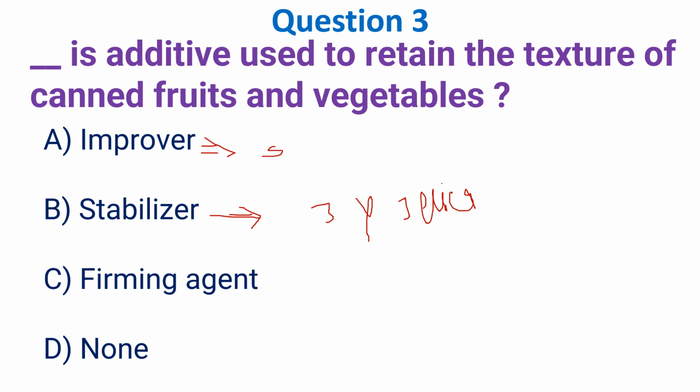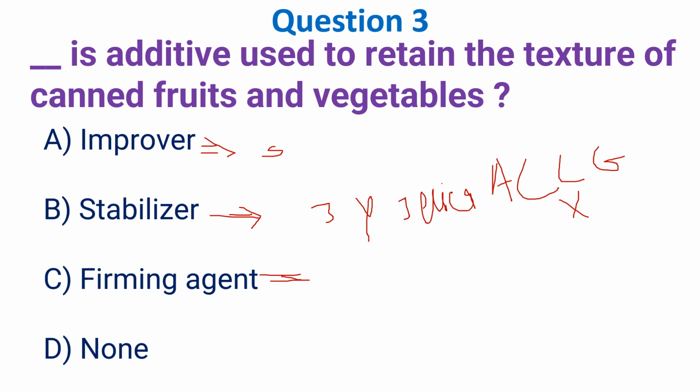Examples of stabilizers are alginate, agar, carrageenan, cellulose, guar gum, and xanthan gum.